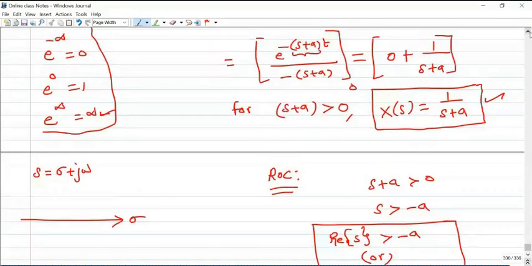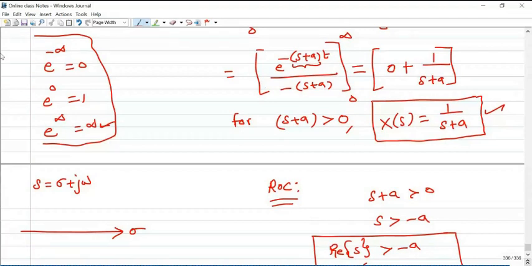Okay. It is normal integration only, but during the substitution, we have to assume this s plus a term. If it is less than 0, what will happen? In this example, if it is less than 0, that is a negative value, your answer is infinite. For the s plus a term greater than 0, we will get 1 divided by s plus a.